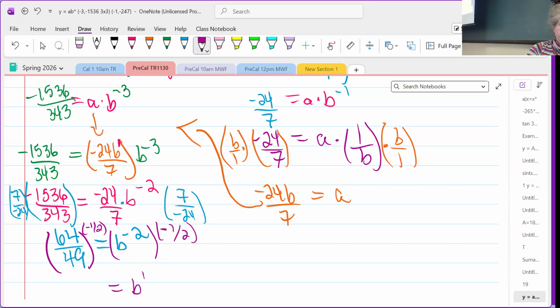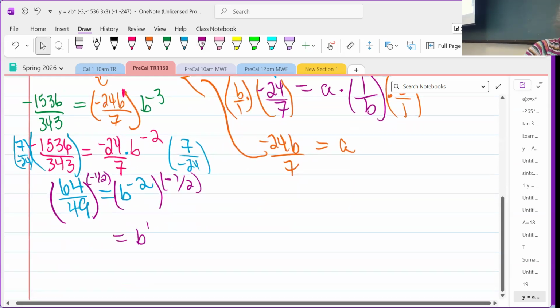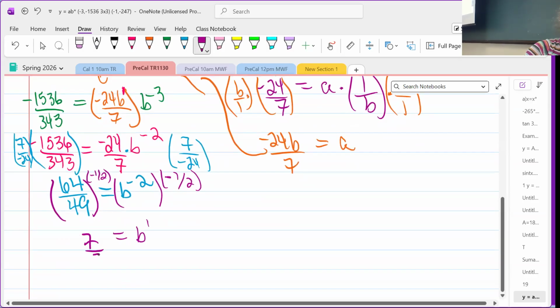So now I've got my 64/49. I put that in parentheses, and then I raise that to the negative 1 divided by 2 power. And this spits out a fraction answer of 7/8.